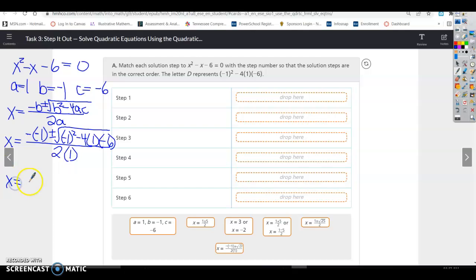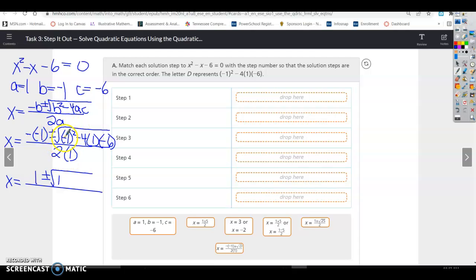All right, so the next step, I'm going to simplify. So negative 1 becomes just 1, plus or minus the square root of... Sorry, the square of negative 1 is 1.